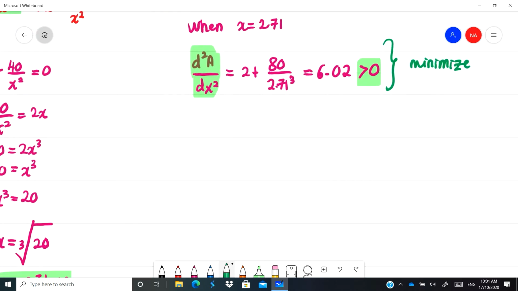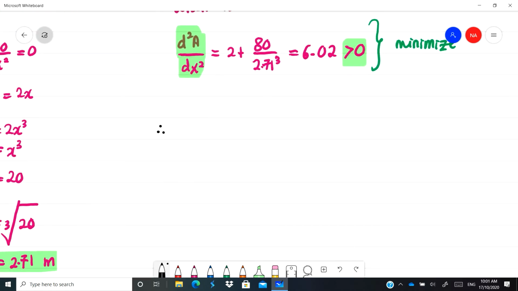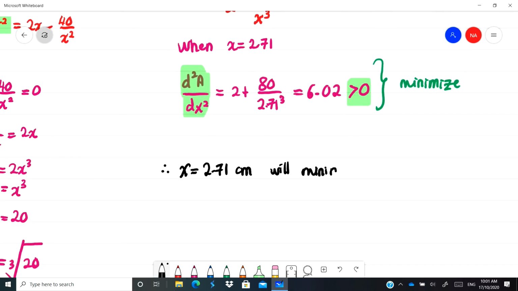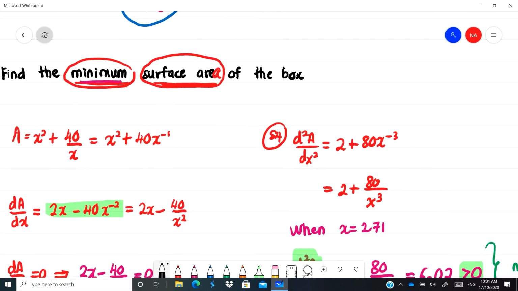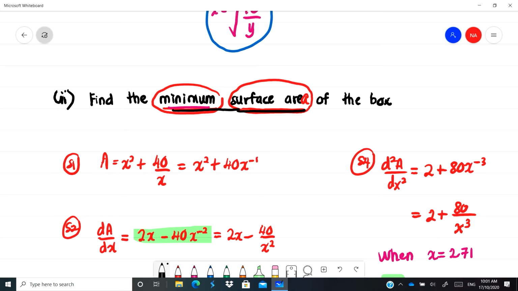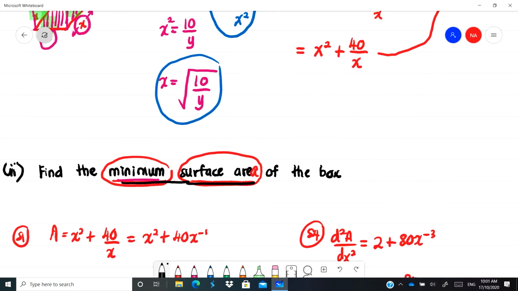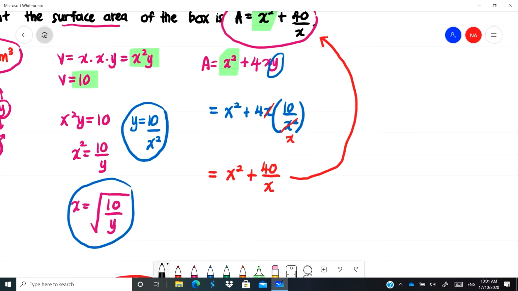So we better write the dimension of x. x, which is given by 2.71 cm, will minimize the surface area. And finally, we're going to find the minimum surface area. Because the question asks us to find the minimum surface area, we have to substitute the value of x into this formula.